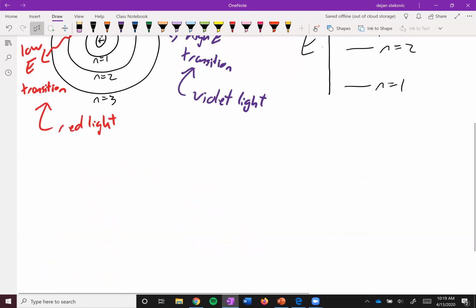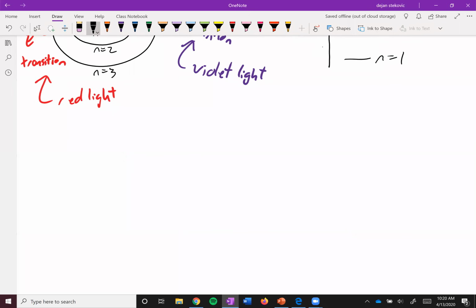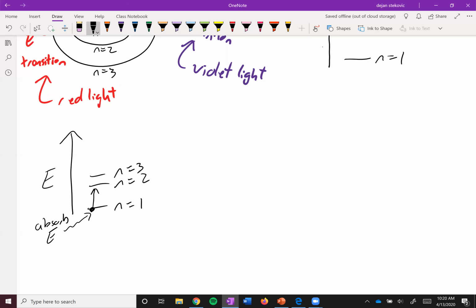So let's take a look at this real quick. So we can think of in terms of energy here, right? n equals 1, n equals 2, n equals 3. And so we can have an electron here. We can have this electron absorb some energy. And then it'll excite to a higher orbital, right?